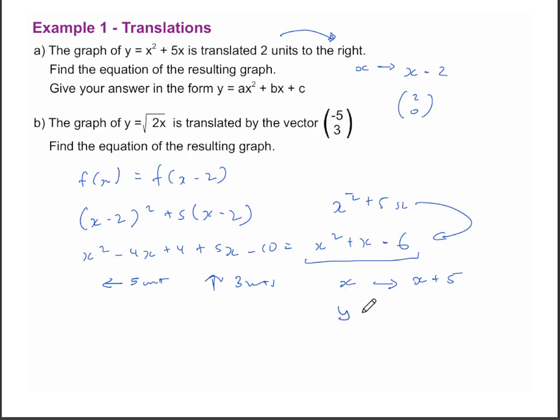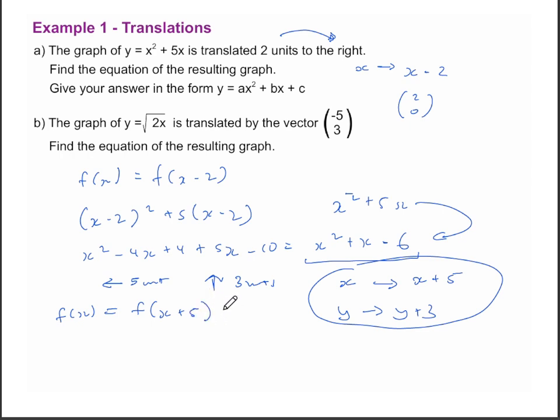And then we have our y becoming y plus 3, as we said. That just moves up 3 units. And we're going to apply both of these to our original f of x. So f of x will become f of x plus 5, plus 3, the entire thing. Okay, and we can do that here.